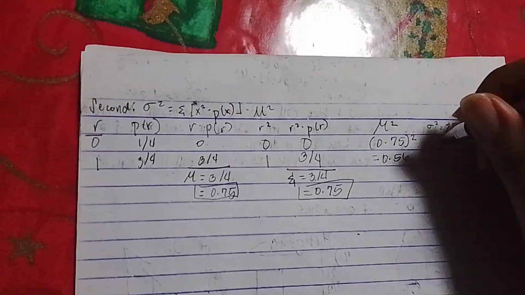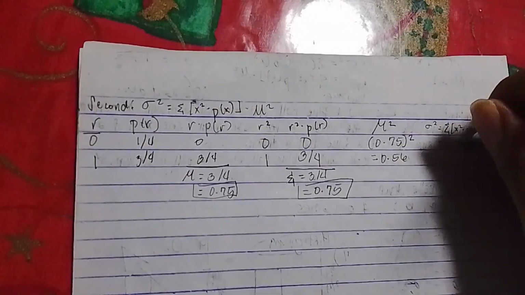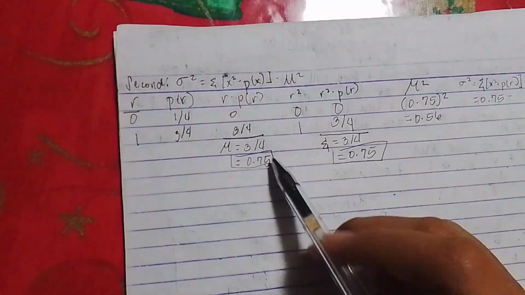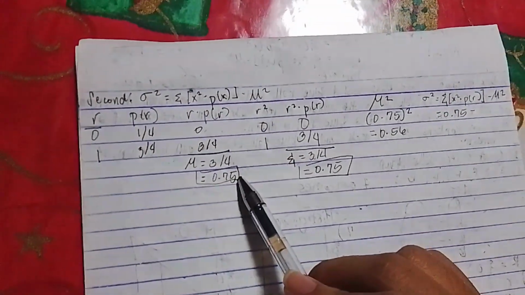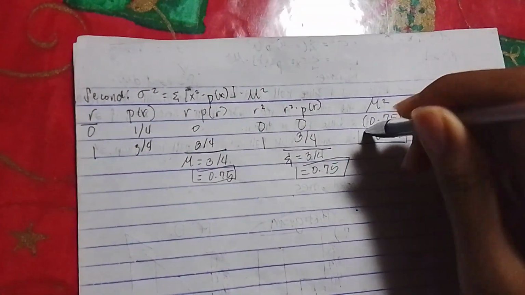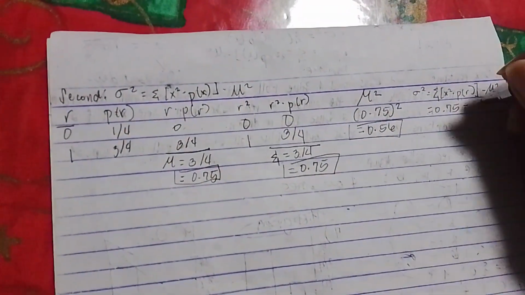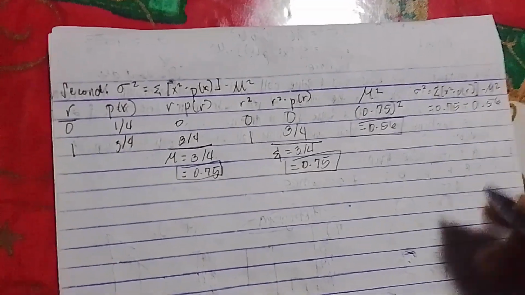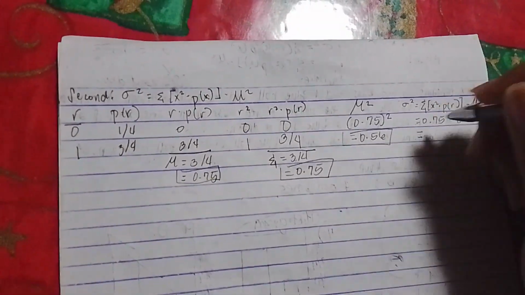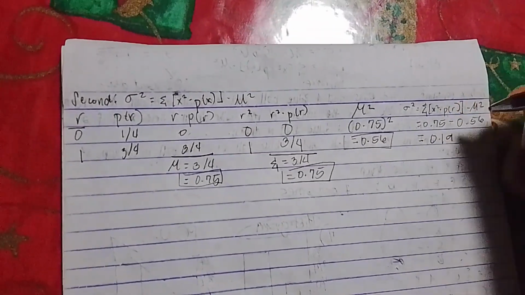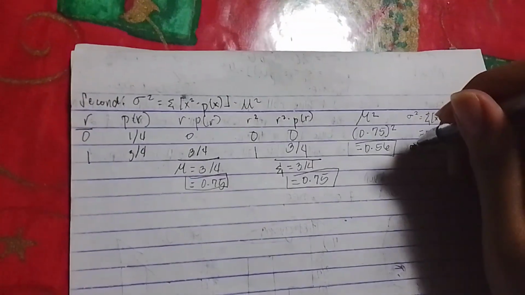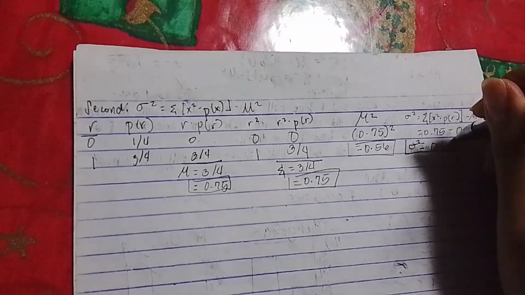We will put 0.75 here minus our mu squared. We will not use this because this is not squared; in our formula, it is mu squared. So we will use this 0.56. 0.75 minus 0.56 is equal to 0.19, which is our variance.